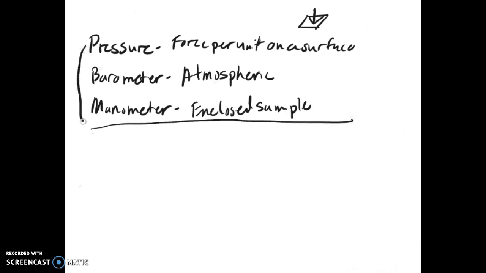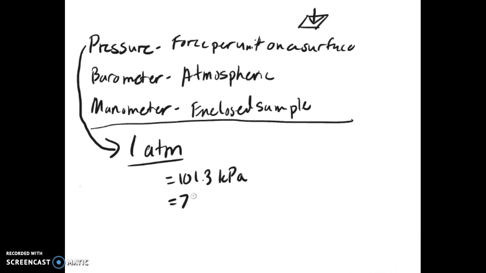Now, as far as pressure goes, there are a couple of different units that you need to know, and the conversions between them. So 1 atmosphere, which is standard, which we'll talk about in a second, equals 101.3 kilopascals. Important to note that it's a kilopascal. Also, 760 millimeters of mercury, which is also equal to 760 torr.